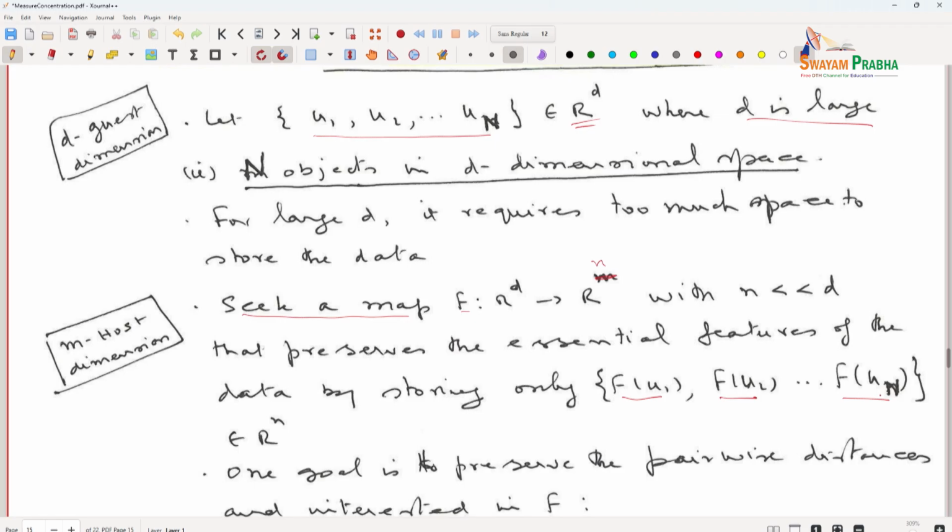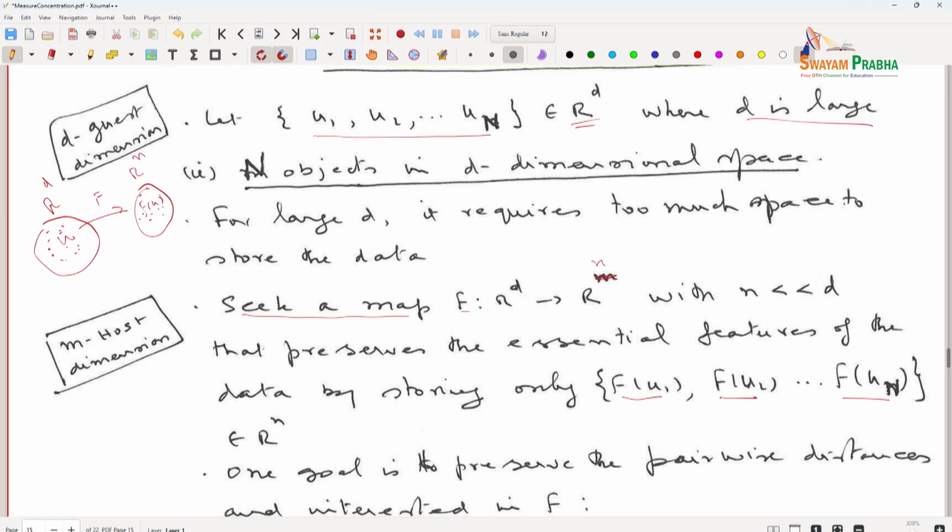Now we would like to look at this. This is Rd, this is Rm, this is u, this is f of u. So there is a mapping f that comes from Rd to Rm. So we can compute the corresponding distribution here.